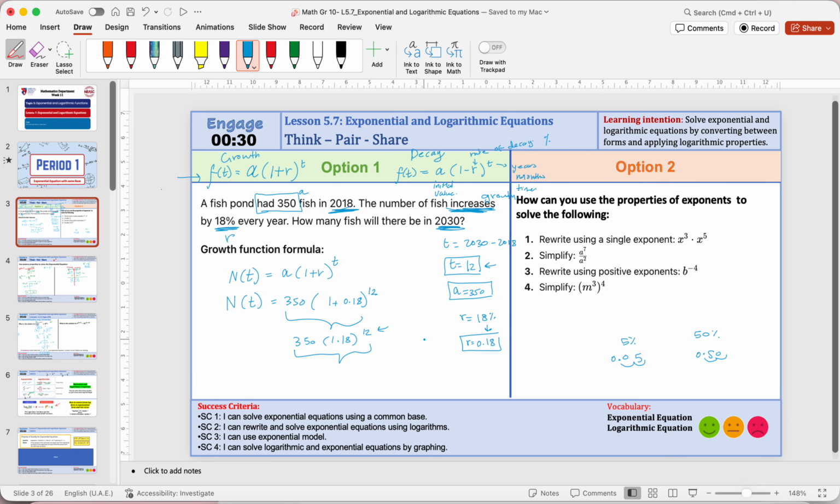It's going to be 350 times 1.18 to the power of 12, which is 2550.65. But you can't have 0.65 of a fish, so you can say 2,550 fish. Sorry, this is the number of fish. That's it.